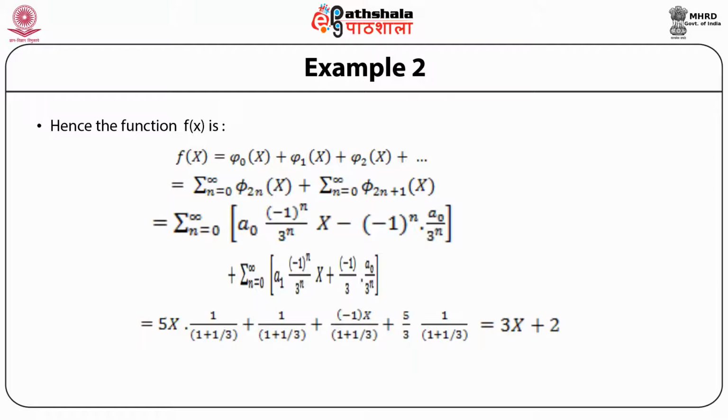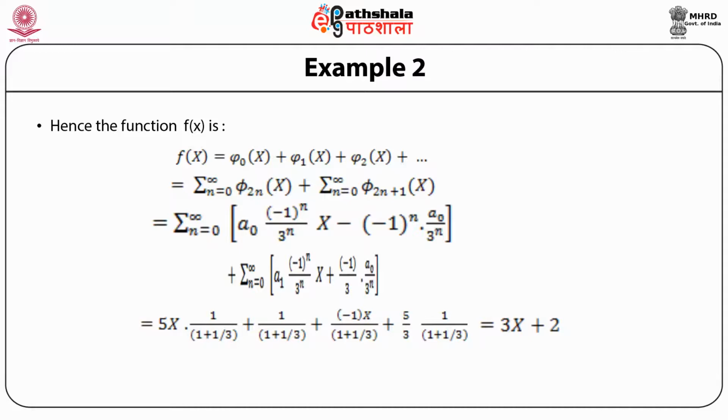So f(x) can be written as summation over n from 0 to infinity of a_0 (minus 1)^n by 3^n times x, minus 1 to the power n a_0 divided by 3^n, plus sum over n equal to 0 to infinity of a_1 (minus 1)^n divided by 3^n x plus minus 1 by 3 a_0 by 3^n, which is equal to 5x multiplied by 1 upon 1 plus 1/3, plus minus 1 times x divided by 1 plus 1/3, plus 5 by 3 multiplied by 1 upon 1 plus 1/3, which is nothing but 3x plus 2.